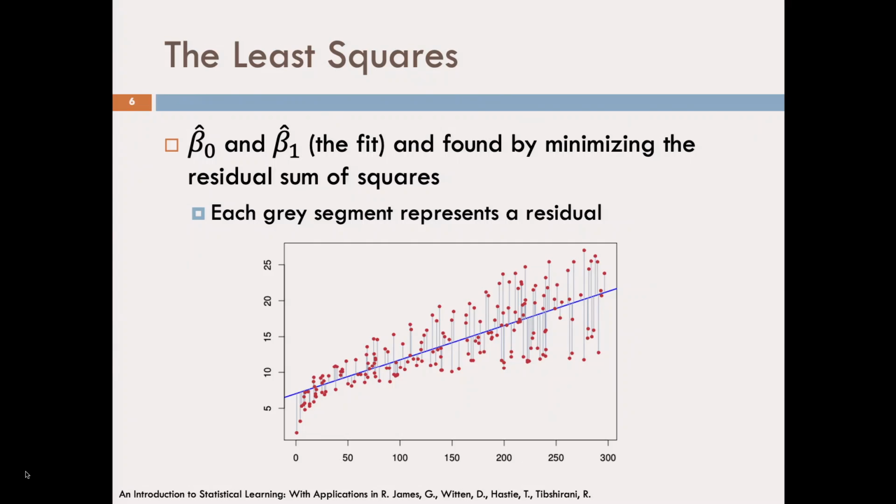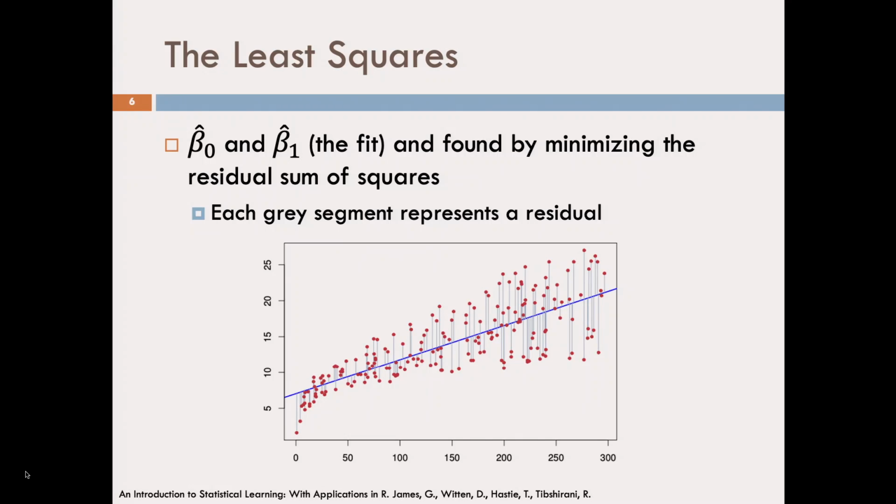So, as I said, beta 0 and beta 1 are the fit of the model, found by minimizing the residual sum of squares. That calculation minimizes the residual sum of squares for the given data.